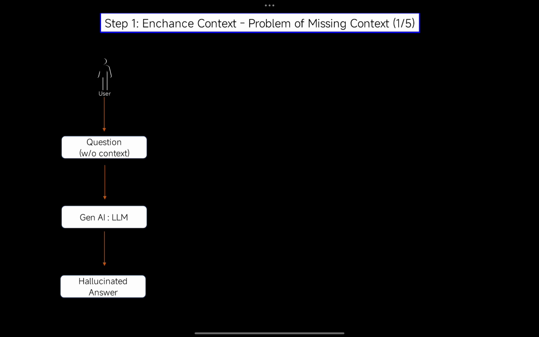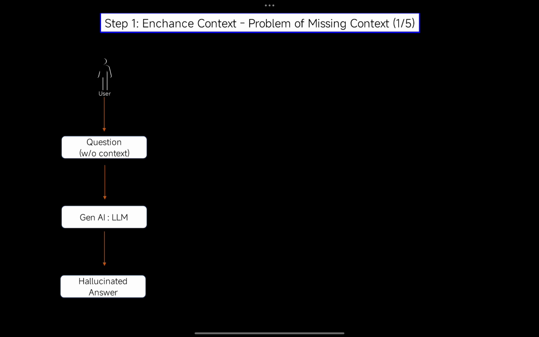This generally happens due to two reasons. One of them is the lack of data that is actually required to answer this question in the training data preparation step. That data might be proprietary data or very specific to a domain. So missing context can happen due to the lack of proprietary or domain specific data in the training data that was used to train the LLM.